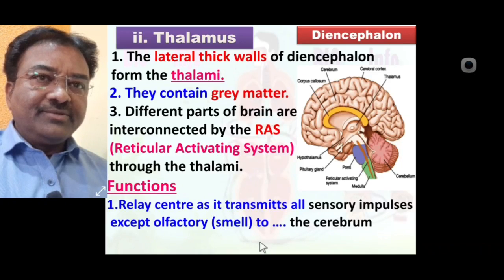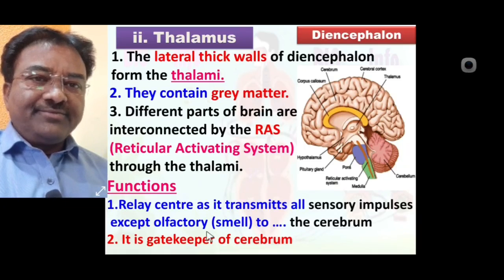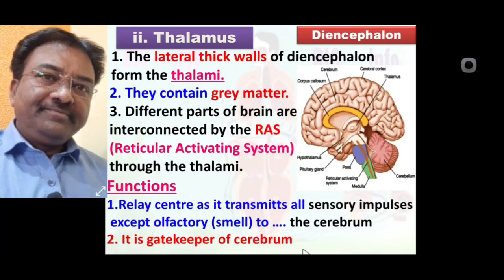This is the most important function. Therefore thalamus is also called the gatekeeper to the cerebrum, because sensory impulses are transmitted through the thalamus to the cerebrum.